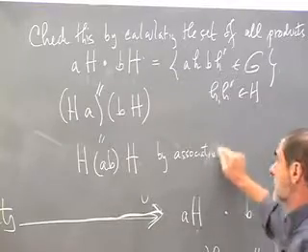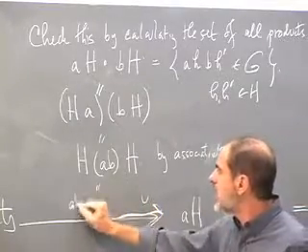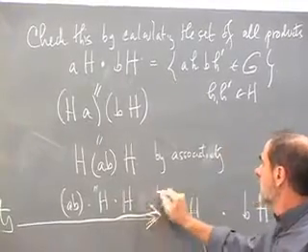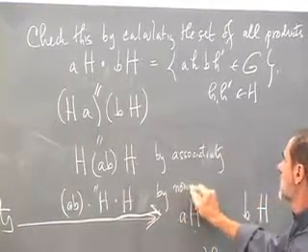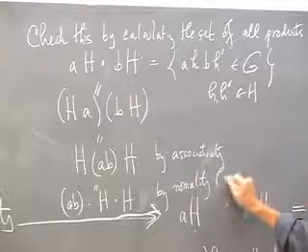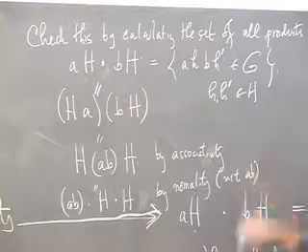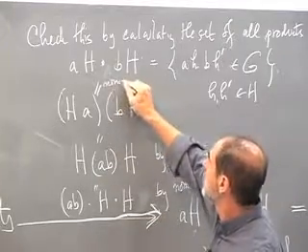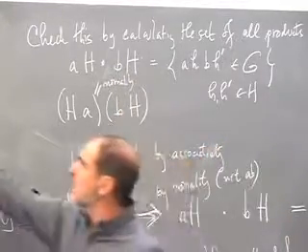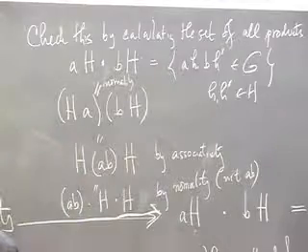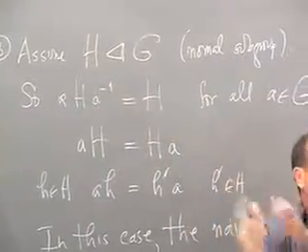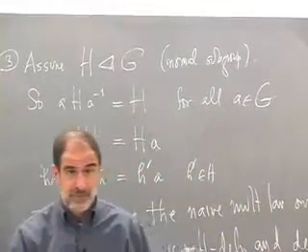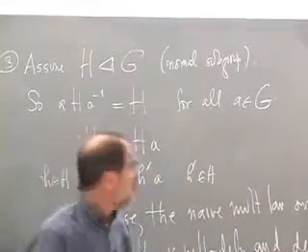And now I use the normality of H once again to rewrite this as AB times HH' by normality. Now this time with respect to the element AB, not with respect to the element A. This is by normality, because for any element A in G, this is the case. We didn't just assume it for the unique element A. To be a normal subgroup, it has to hold for any element.